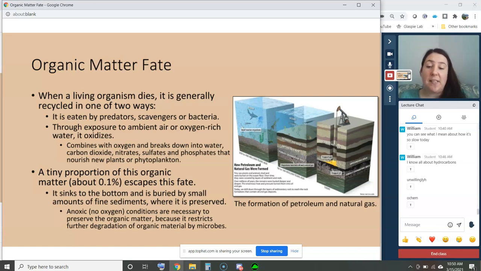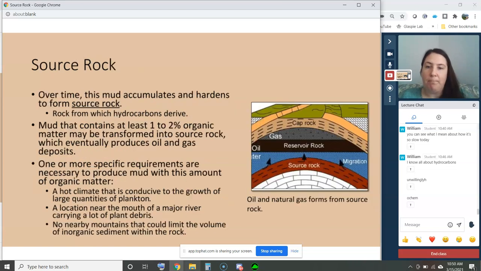Those conditions are necessary to preserve the organic matter because they restrict the degradation of that organic matter by microbes. That prevents microbes like bacteria from eating that organic matter and incorporating it into their mass, and it prevents that material from oxidizing. So you have to have it sinking to the bottom, buried by small amounts of sediment, under no oxygen conditions. All of those things must be true for the possibility of forming petroleum and natural gas from that matter.